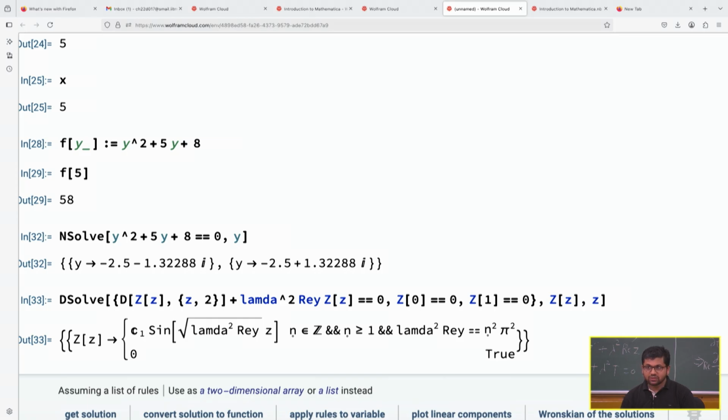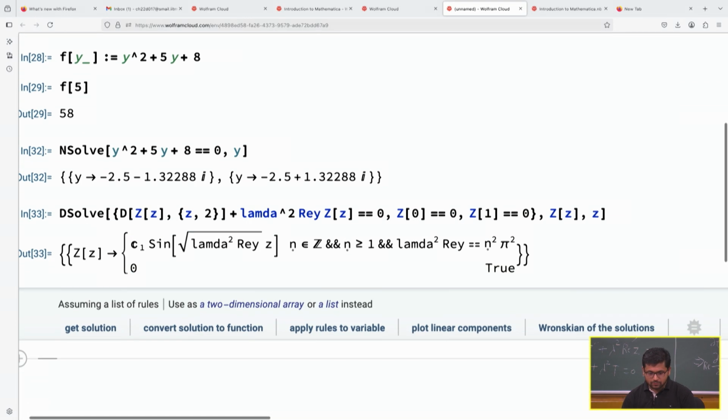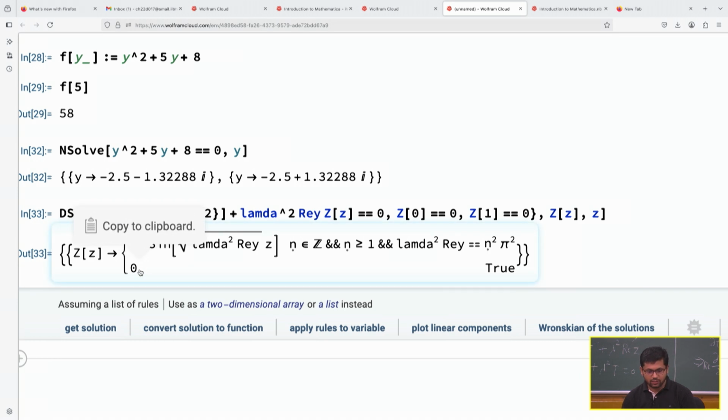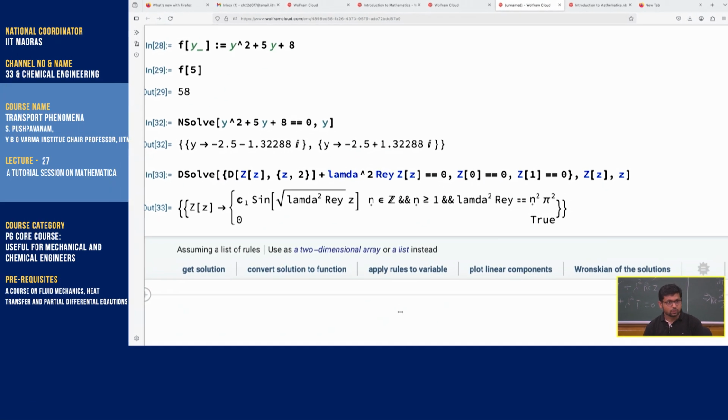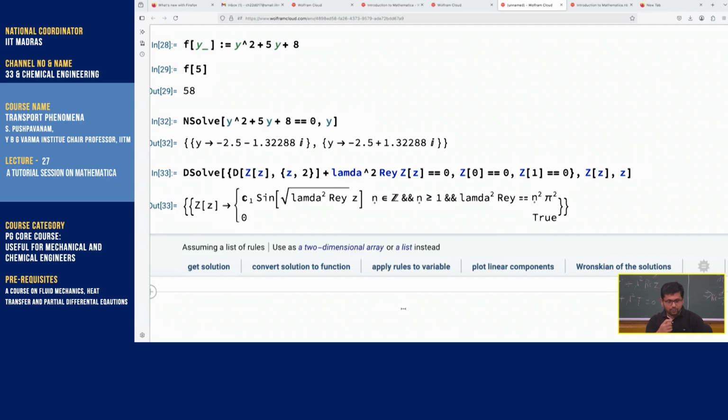One of the important things I want to discuss here is that you can see two solutions for Z. One is 0, and the other one is C1 sin of root lambda square Re times z, where it shows that n is greater than or equal to 1 and lambda square Re is equal to n square pi square. DSolve solves differential equations analytically, which is why it gives the solution in this form.